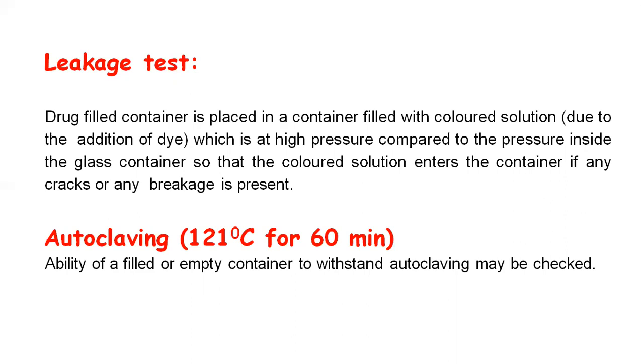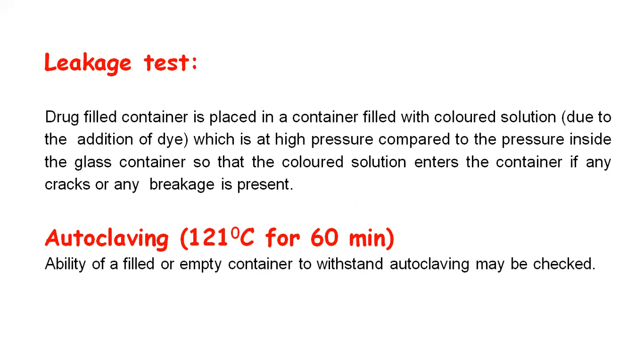This can be done by autoclaving the sealed ampoule, putting it into the methylene blue dye solution placed in a beaker, and autoclaving the beaker for a specified period of time. During autoclaving, positive pressure is there at the outside of the ampoule or vial, and if a crack is there, then the solution may get colored as the colored solution enters the container.